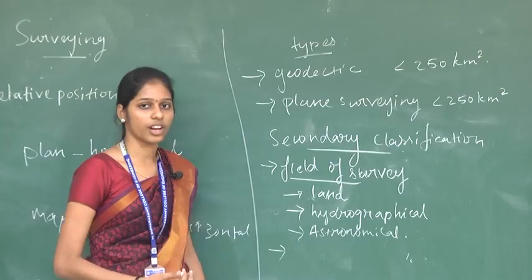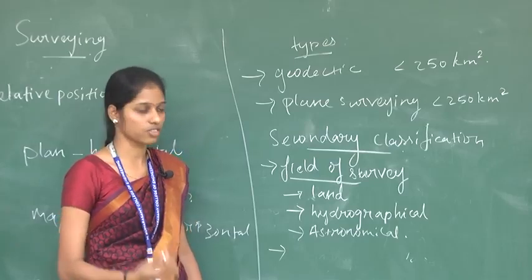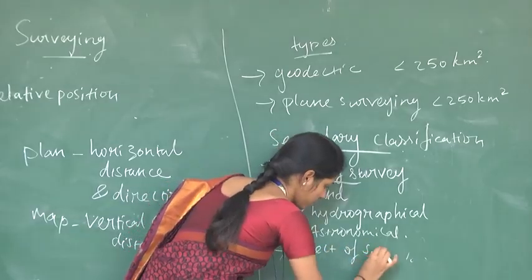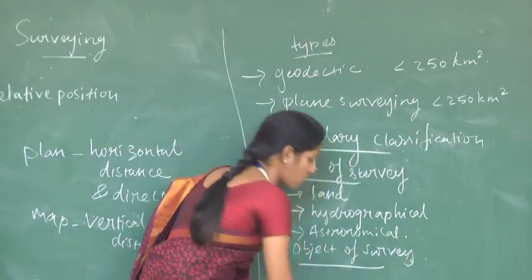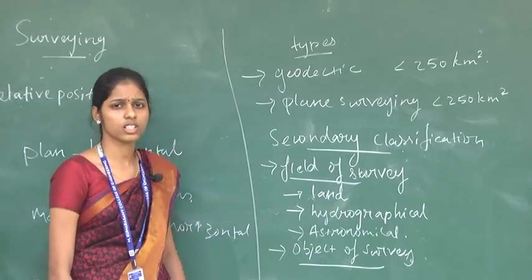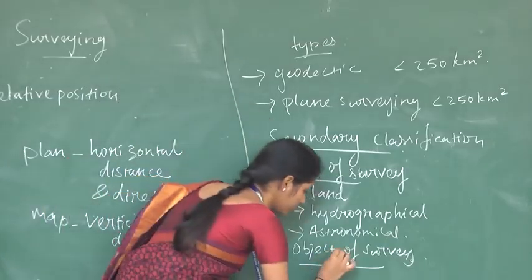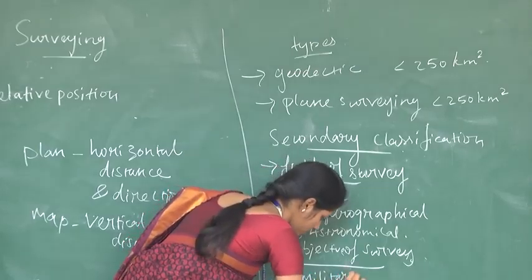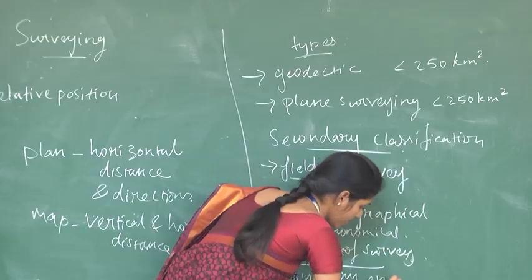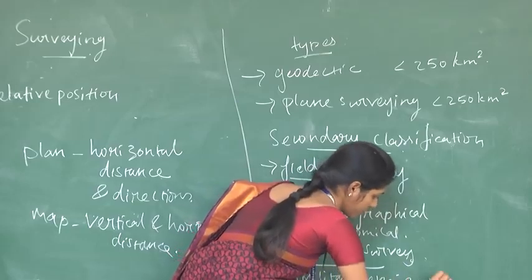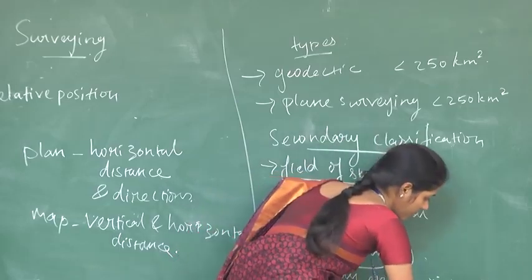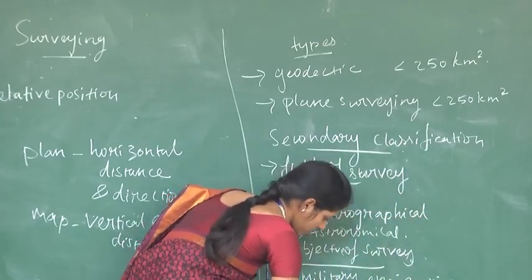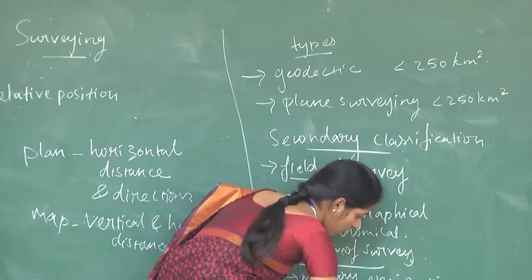Surveying is further classified into several types based on the object of survey. Object is nothing but the purpose of surveying, like military survey, engineering survey, mine survey, geological and archaeological.